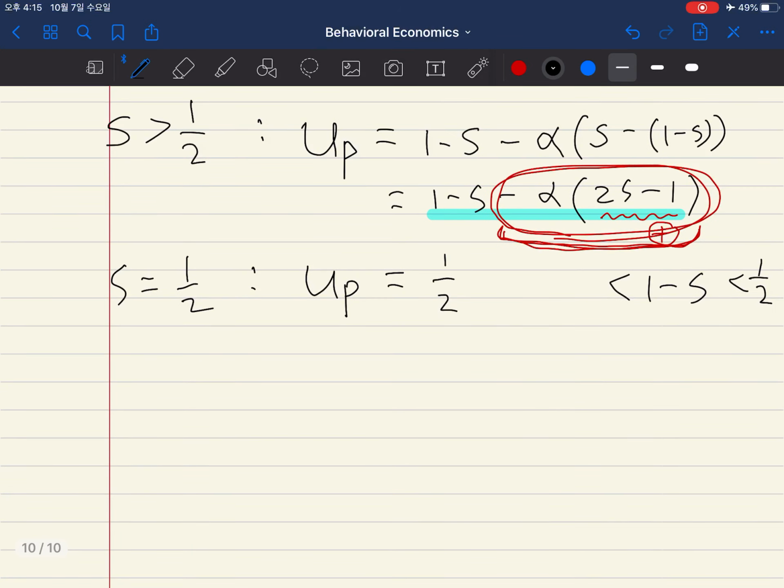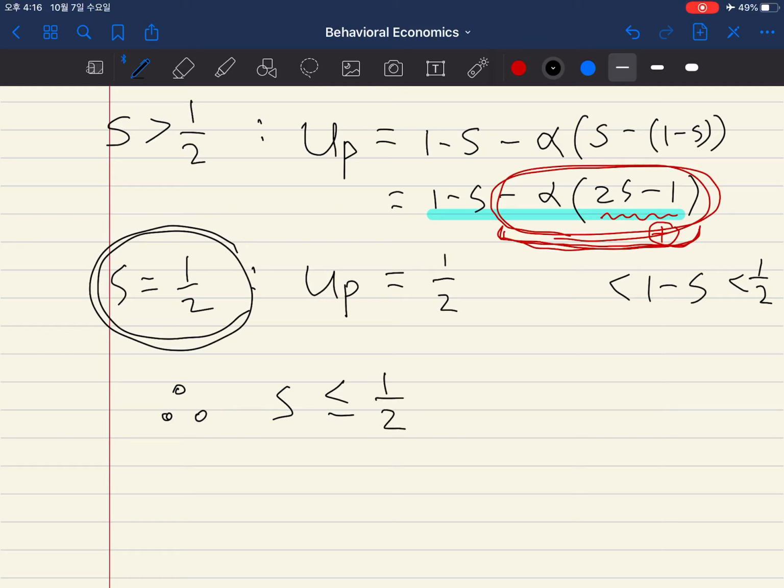So using the FS model, we can see that first, the proposer is never going to offer more than half of the resource to the responder. Maybe the proposer offers exactly half, but never more than that. So our first conclusion here is that the proposer's offer is always going to be less than or equal to half of the resource.